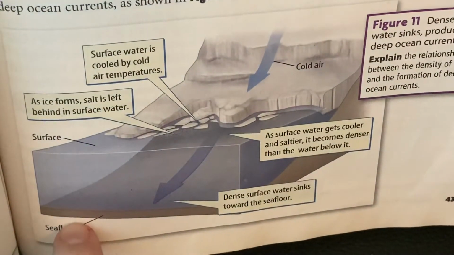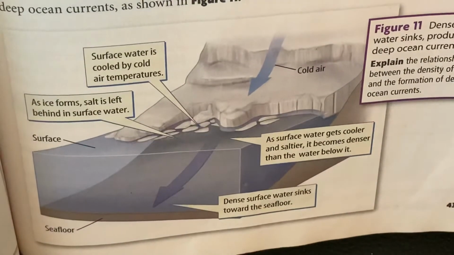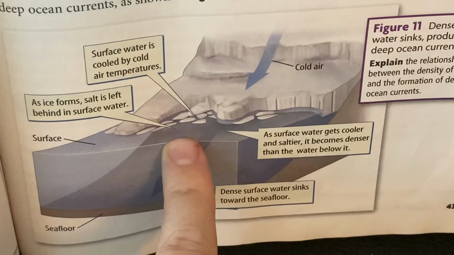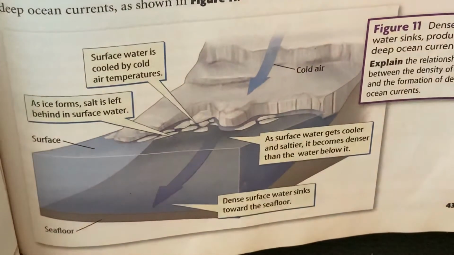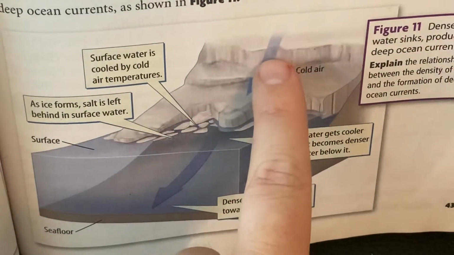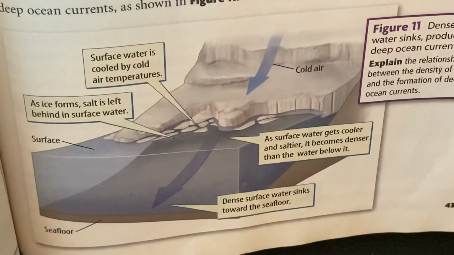Remember the sea floor, that's from the last section, the ground. Feel free to pause this too. There's no question on the Google Doc. This is just sort of interesting. There's also leftover salt that looks like sprinkled salt and pepper. And then the cold air skis, like a snowboarder goes down the glacier to the water.